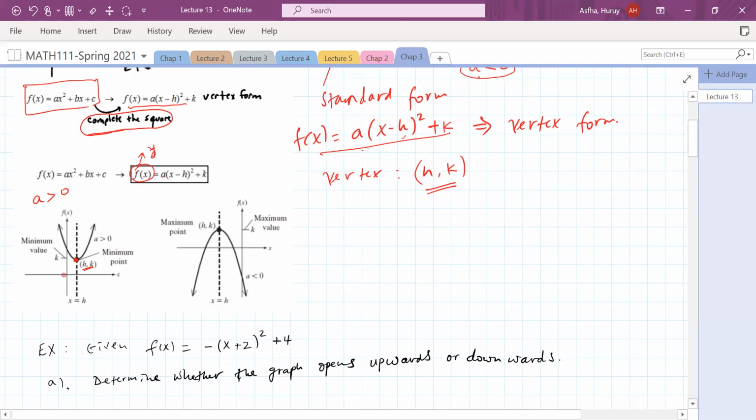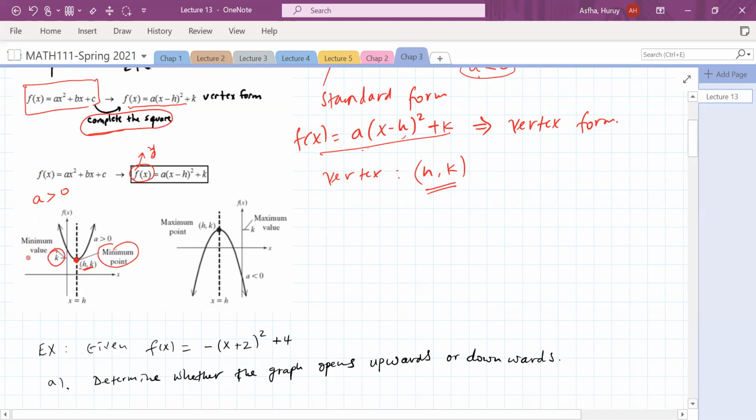The x value is horizontal. So the minimum y value is at this point when A is greater than 0. As a point, we call it the minimum point, and the minimum value is the y value at the minimum point, which means the minimum value is k itself.